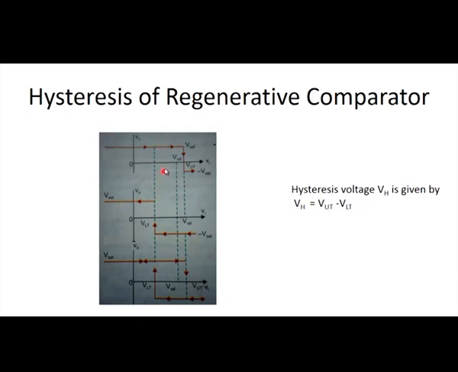If you combine these two waveforms, then you will have the output voltage as positive V saturation, which gets transited, and again it shows minus V saturation, and it is again transited to plus V saturation. This difference we have calculated as the hysteresis voltage, VUT minus VLT.